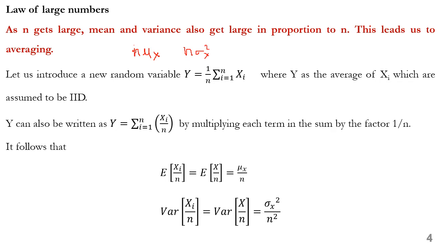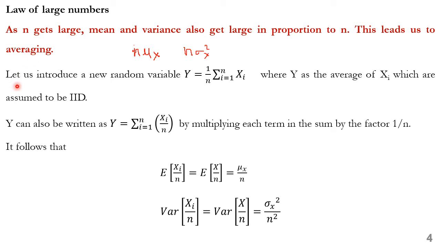If the value of n is very large, then we can see that the mean and variance also get very large in proportion to n. Therefore, in order to maintain a reasonably small value, we should go for averaging.